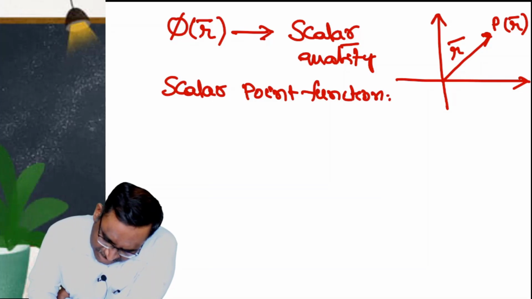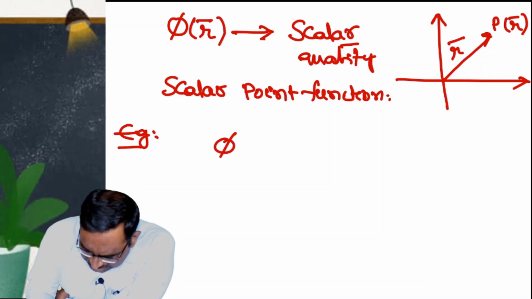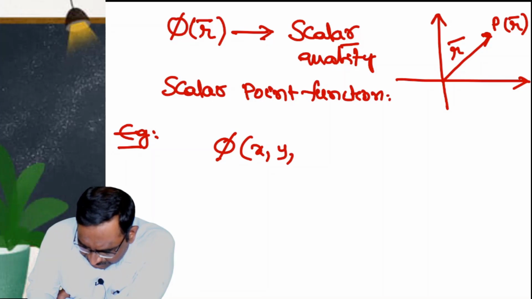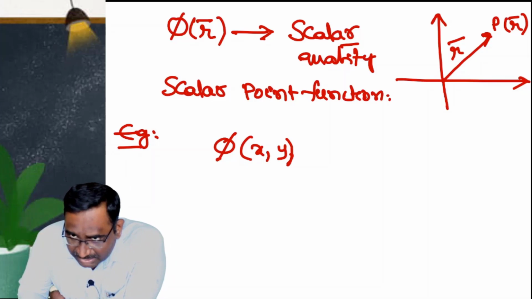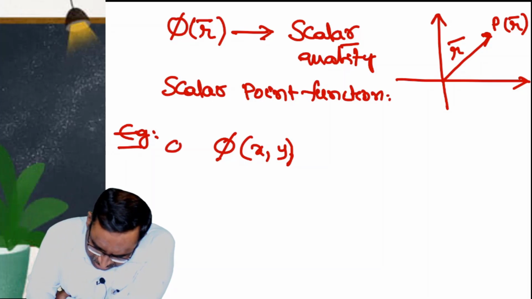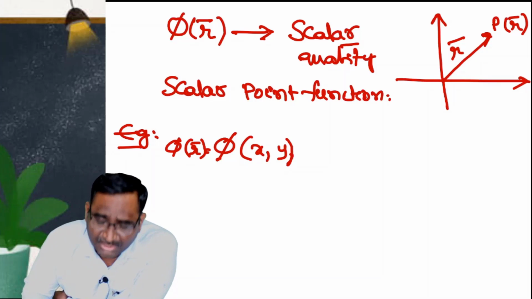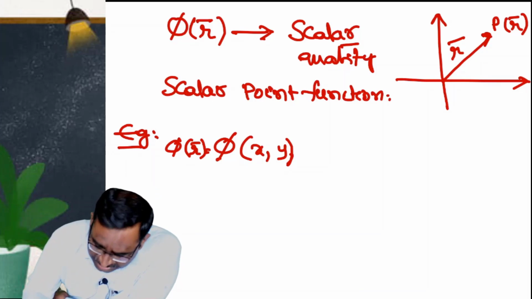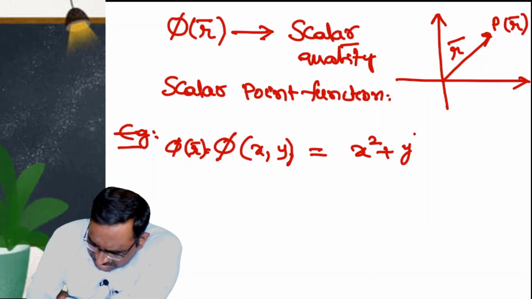Suppose, for example, I am going to consider phi of x, y in a two-dimensional plane. For this point there is a position vector, so this is phi of r bar, the corresponding position vector for this point. Suppose this function is x square plus y square.